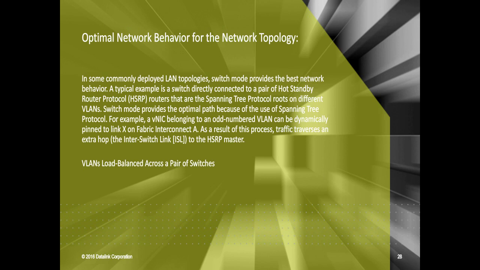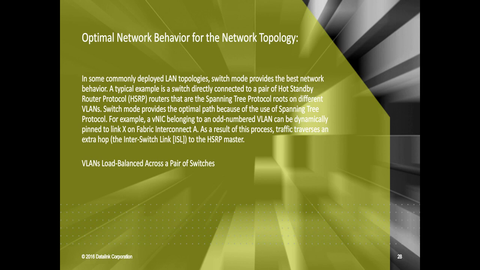Another pain point for customers is optimal network behavior for the network topology. In some commonly deployed LAN topologies, switch mode provides the best network behavior. A typical example is a switch directly connected to a pair of HSRP routers. That's your hot standby router protocol, routers that are the spanning tree protocol routes on different VLANs. Switch mode provides the optimal path because of the use of spanning tree protocol.